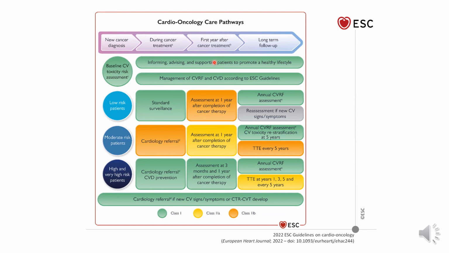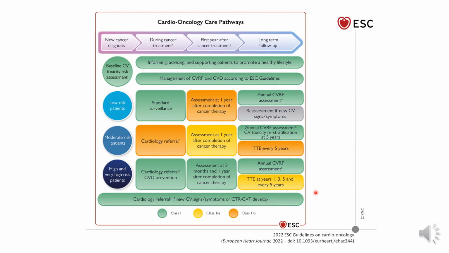Then the third station, after completion of therapy, is early surveillance during the first year, at 3 months and the first year interval in very high risk and high risk patients. Then long-term surveillance depends again on the risk assessment at the end of therapy.